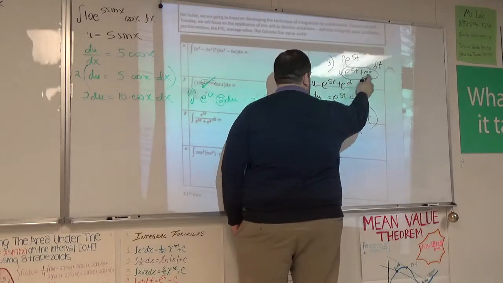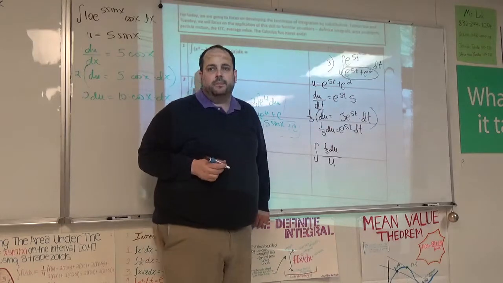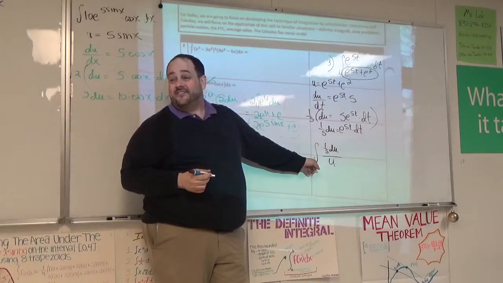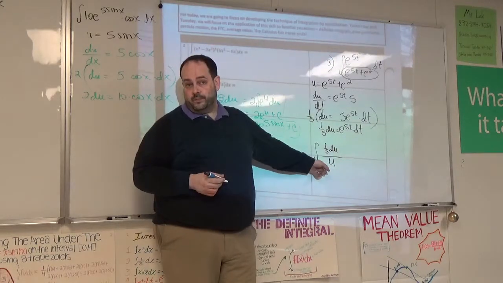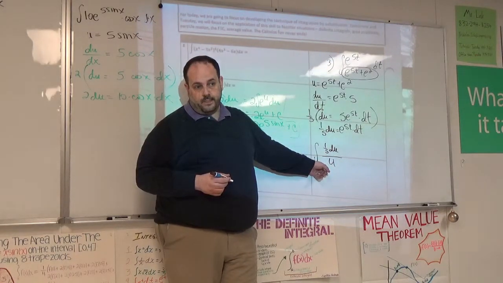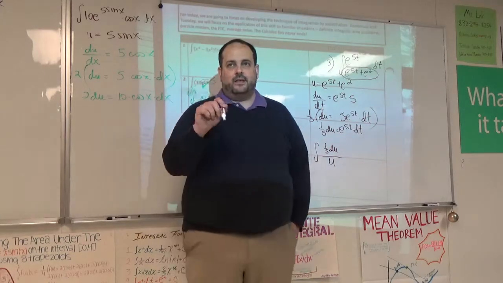Instead of e to the 5t plus e squared, that's what u is. I'm trying to find the antiderivative of 1/5 du over u. Let me stop here because you guys have question face.